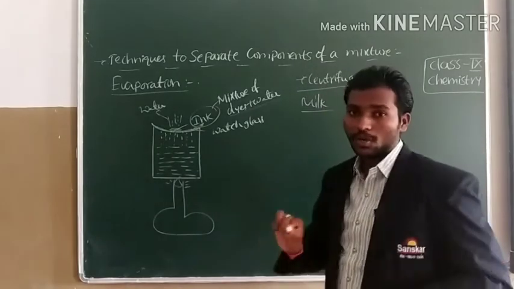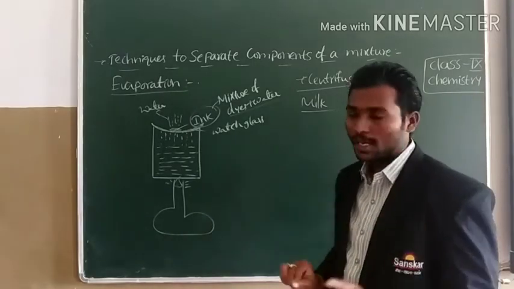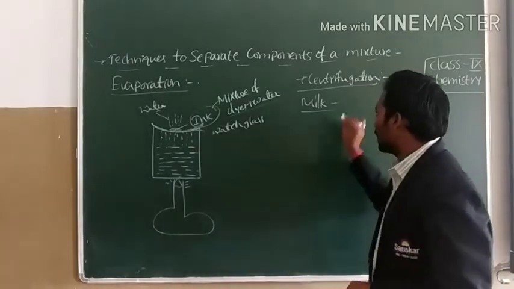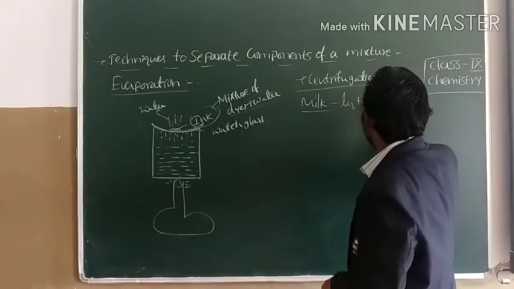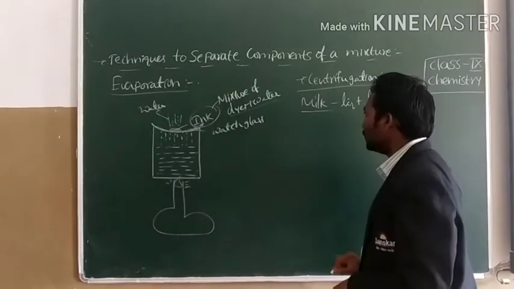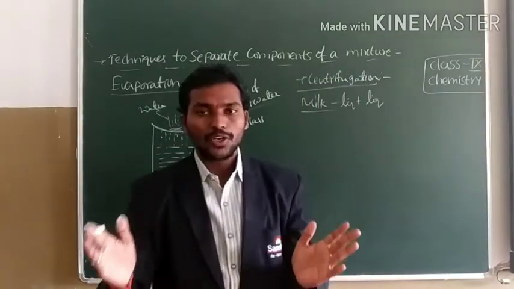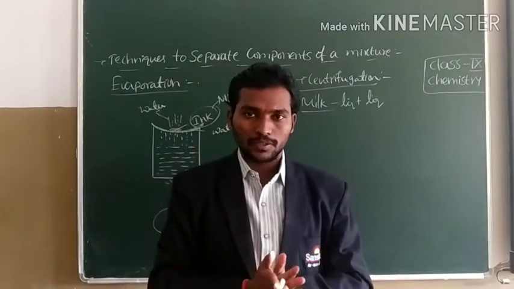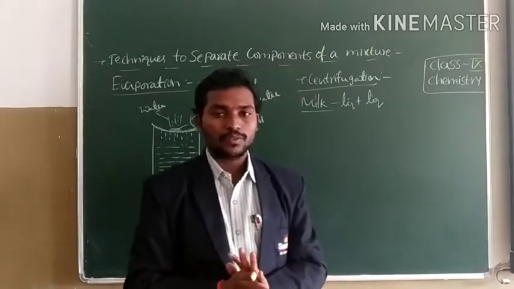Milk is a colloid. That means milk contains two components, dispersed phase and dispersed medium. Dispersed phase is in liquid state, dispersed medium is also in liquid phase. That's why milk is a colloidal substance. So we want to separate components of the milk. By the centrifugation technique, we can separate the components of the milk.